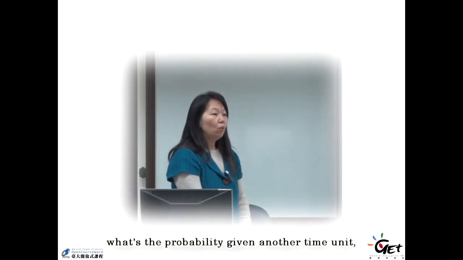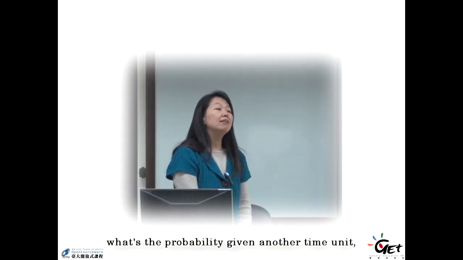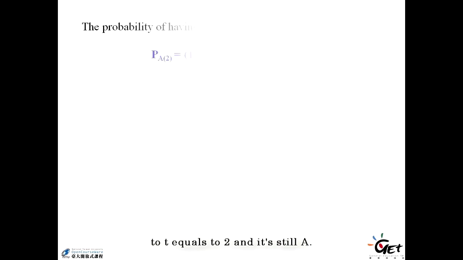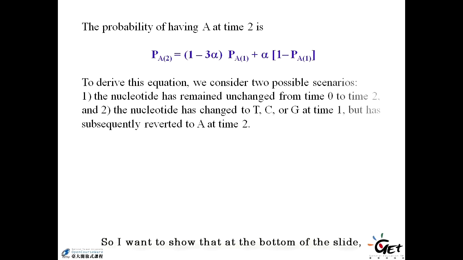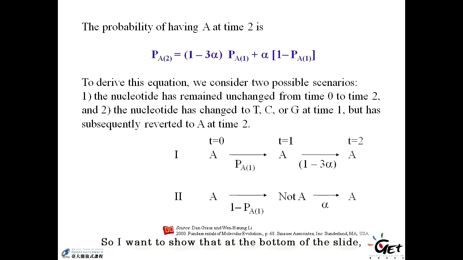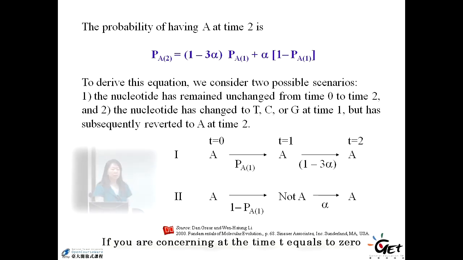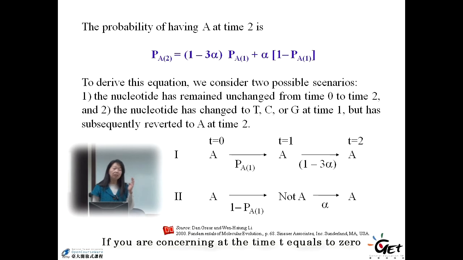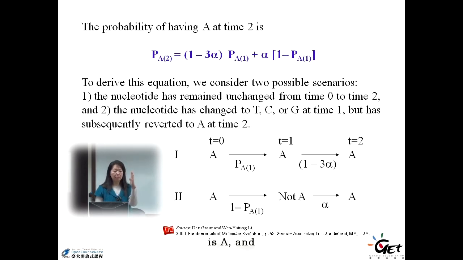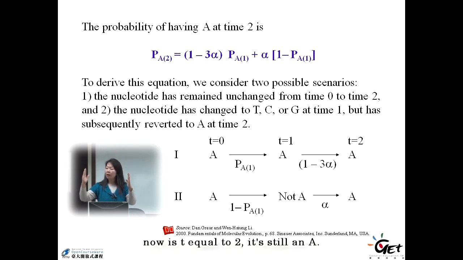Then we want to know the probability, given another time unit, t equals 2, that it's still an A. At the bottom of the slide, there are 2 paths, because at time t equals 0 it is A, and given 2 units of time, at t equals 2 it is still an A. There are 2 possibilities.